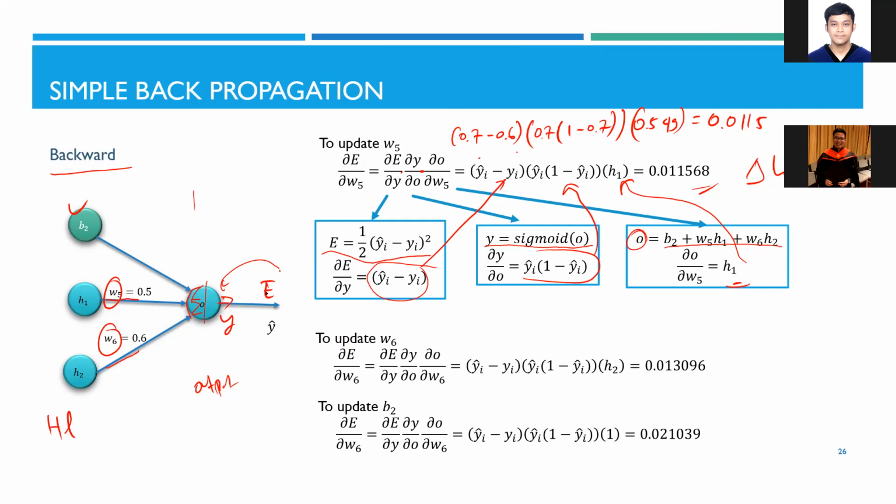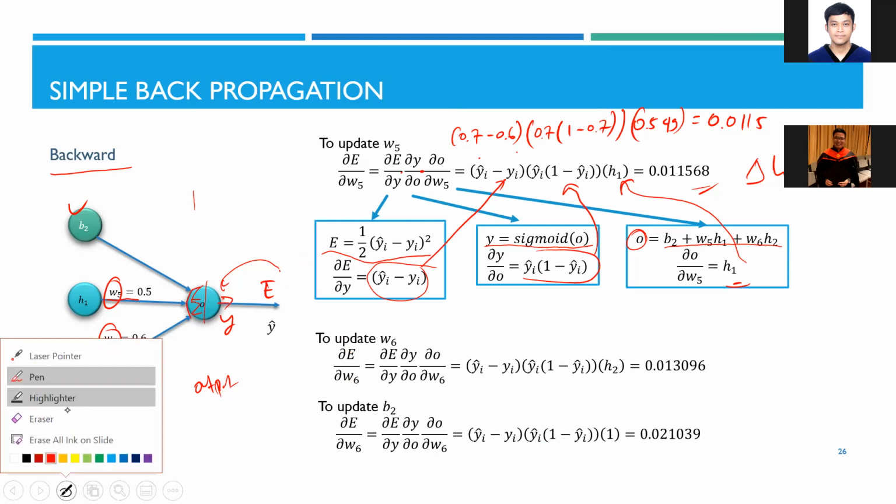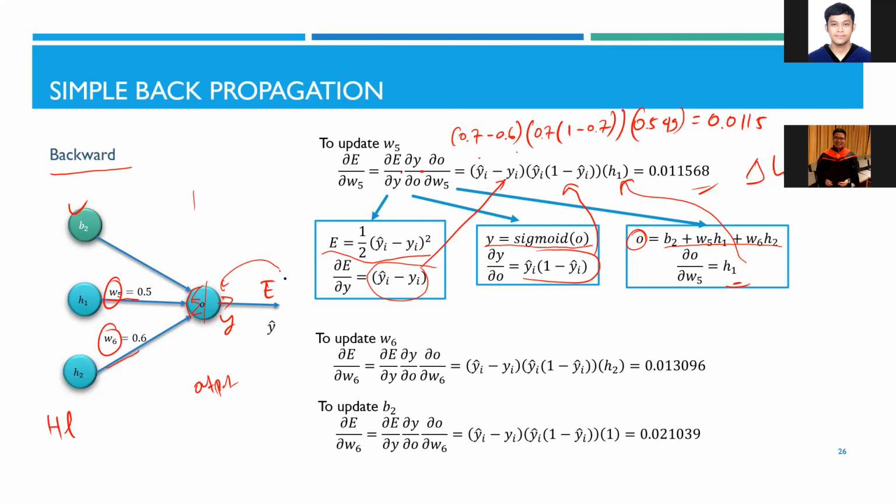Basically we have E, and from E, we want to update W6. Because we get W6 from this, W6 goes to the summation of this one first using this equation.